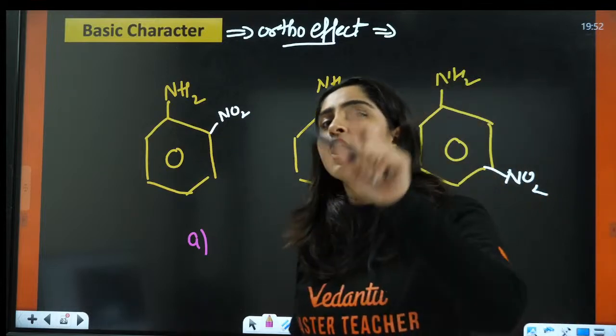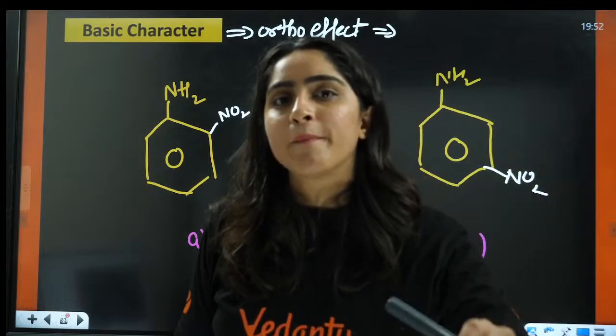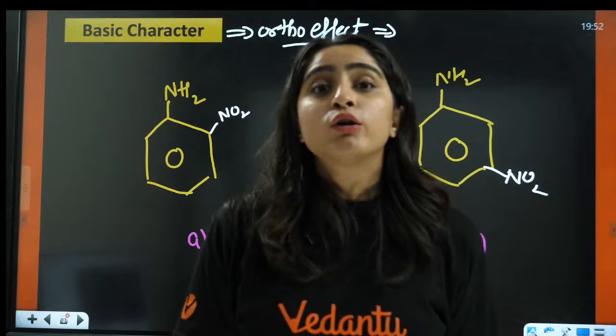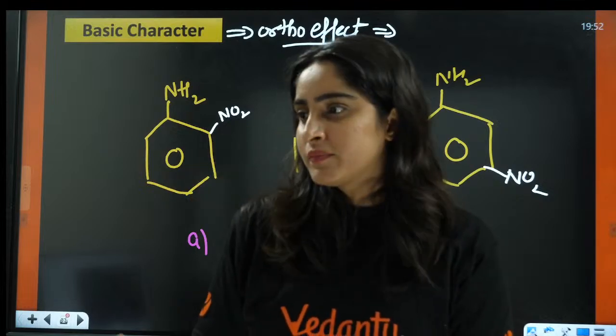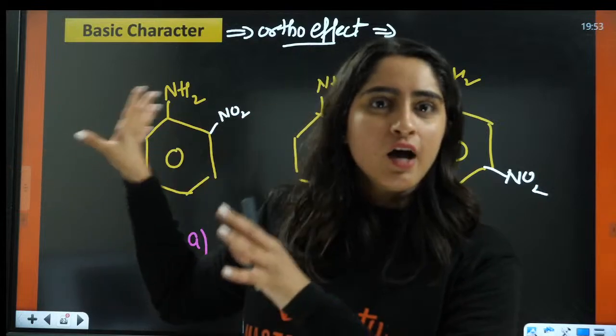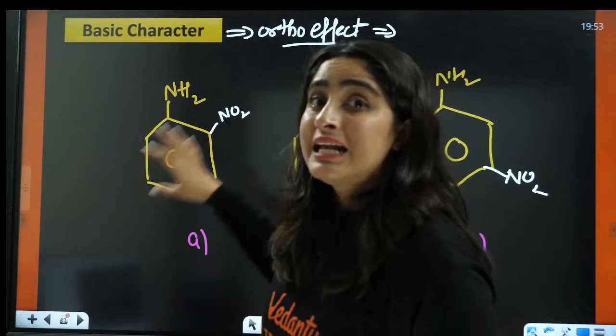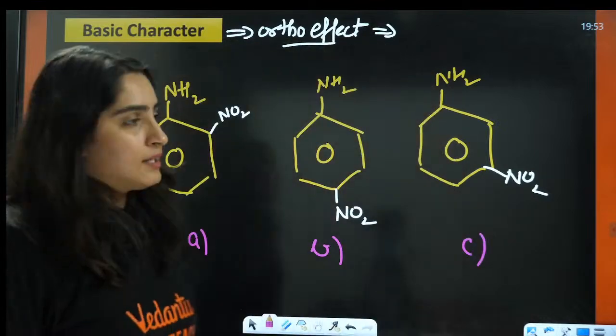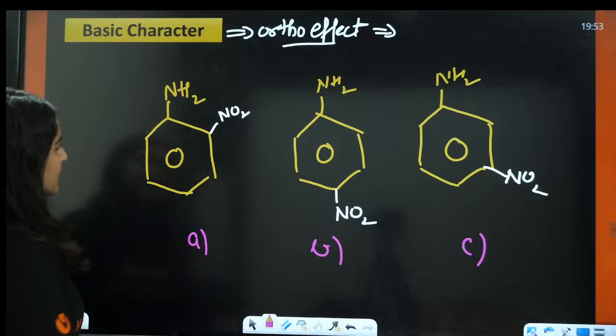In case of acids, we were talking about most acidic on the ortho position. Here we are talking about least basic. I think I am fumbling here. Most acidic in the ortho position, and here least basic in the ortho position.